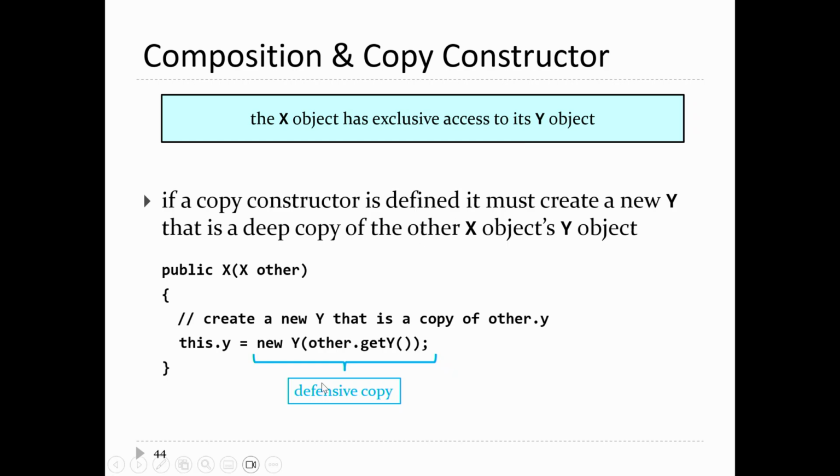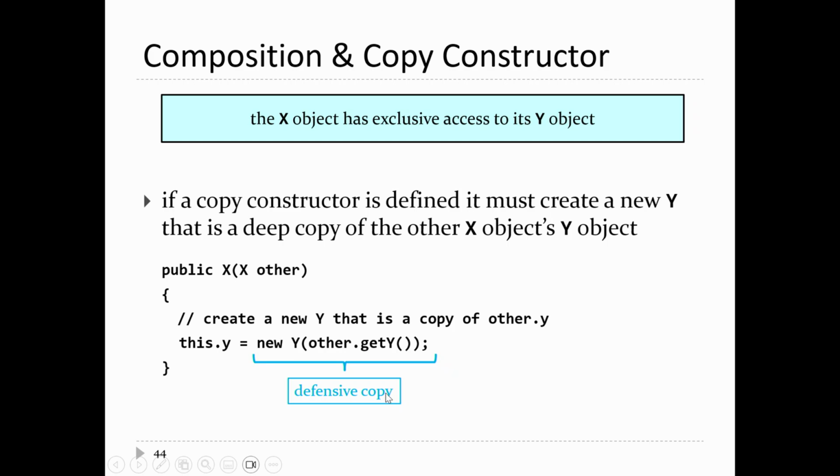So if you were to write this.y = other.y, this is no longer true. This.y = other.y means two x objects are willing to share the same y object, and that's not a composition. So again, you have to copy the y object belonging to the other x object. So there's your defensive copy yet again.